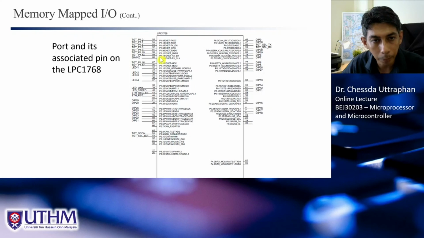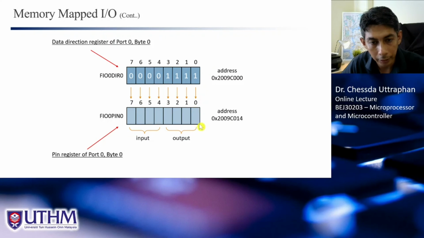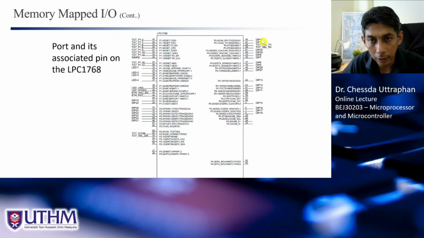To find port 0, we need to look at P0. Here is P0, bit 0. Pin number 46 is connected to this bit. It has a physical wire connection to this register bit. The address is 2009 C014, bit number 0.